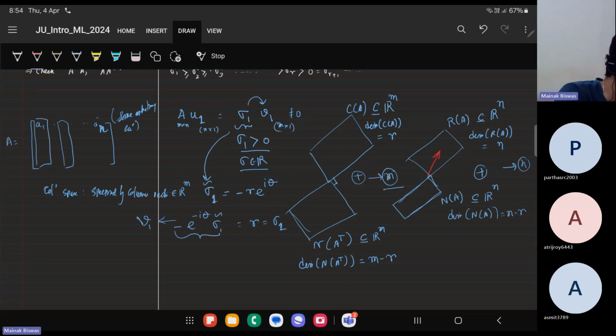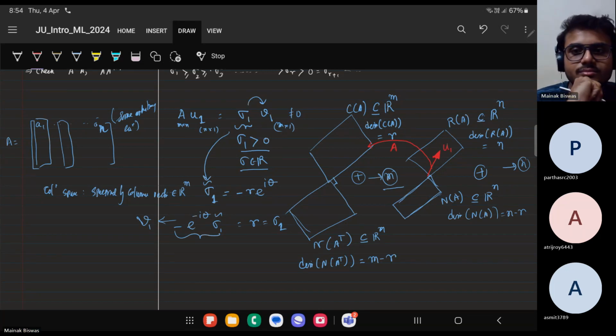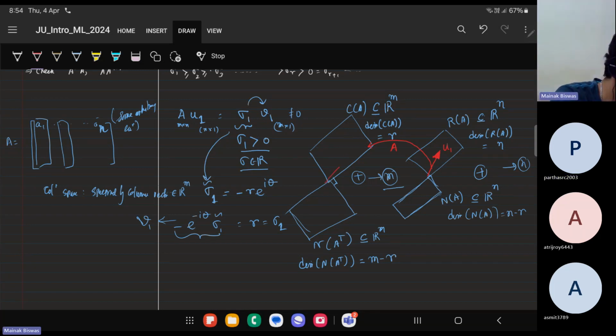Yes, true. But once you multiply it with A, where will it become? It goes to the column space. This becomes in the column space. Okay, this is your sigma 1 times V1.